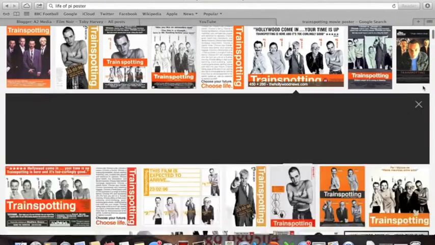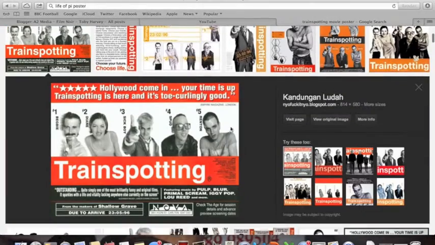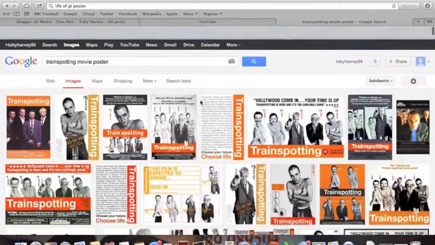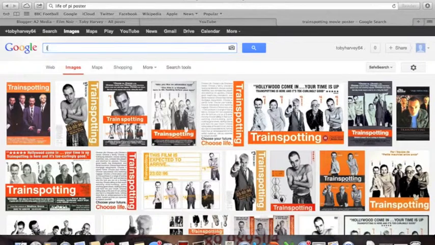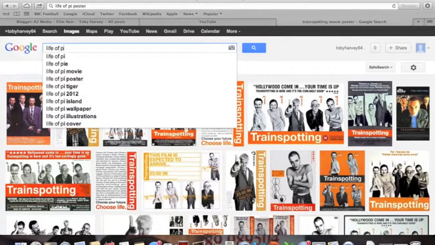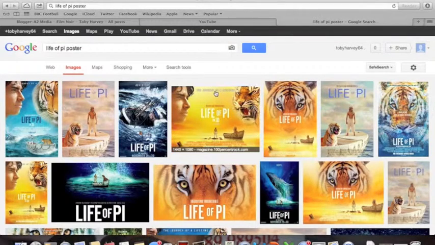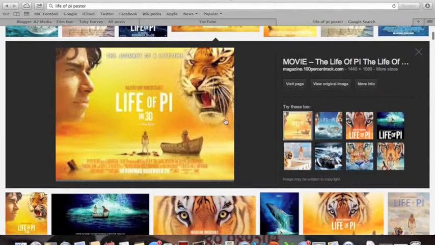You see, that's obviously landscape, and this one down here too. And the other one was the Life of Pi one. That's in landscape too.